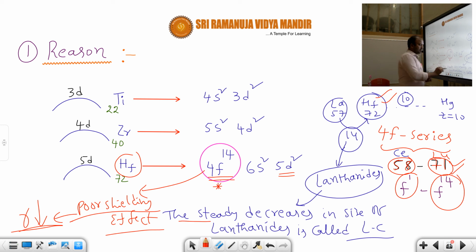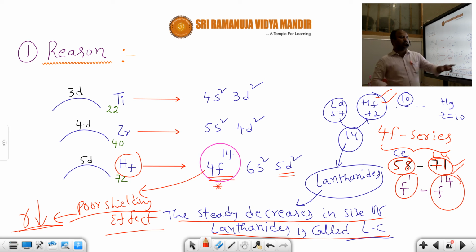The definition of lanthanide contraction: the steady decrease in the size of lanthanides is called lanthanide contraction. So in lutetium, atomic number 71, the f orbital is completely filled. In hafnium, atomic number 72, the next electron enters into the 5d subshell, and the 4f subshell is completely filled. The f orbital has diffuse nature, so poor shielding is exhibited, attraction is more, and radius decreases.